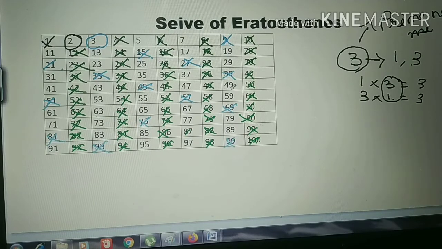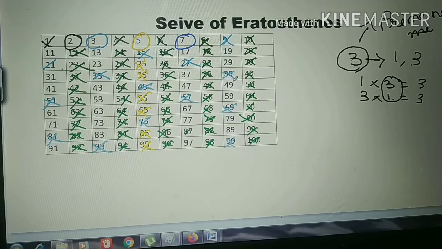Now with 5, encircle 5 and cross out the multiples of 5. These multiples of 5 we have already done with 2. Now go for 7, circle that number. Now go for the multiples of 7 here, nothing is there.